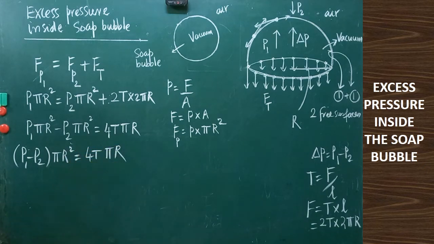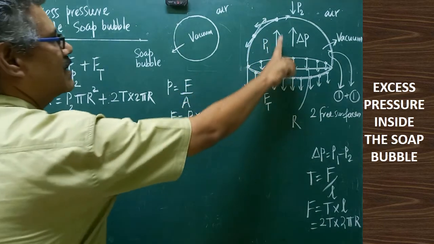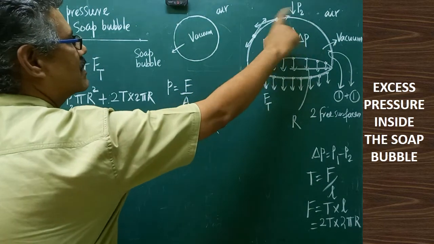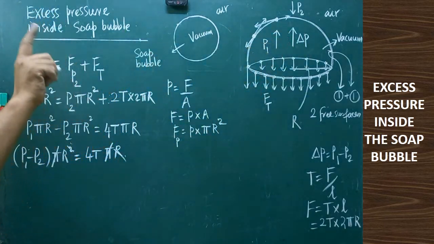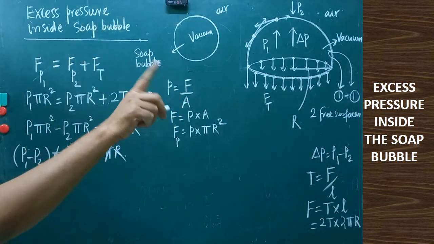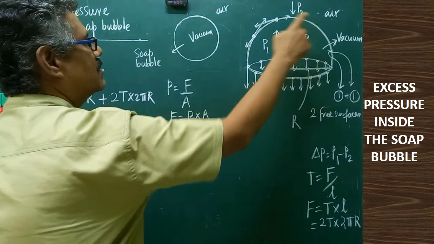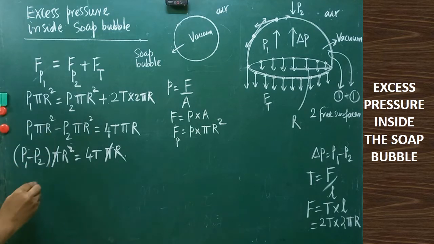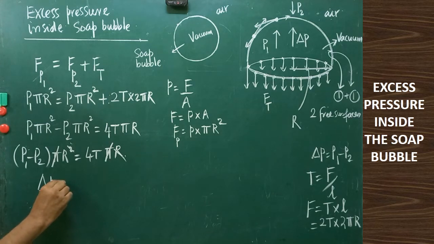That is the expression. Pi can be cancelled, one R can be cancelled. P1 minus P2 is nothing but the excess pressure that is acting from inside, that is on the concave surface. Don't forget, excess pressure delta P will always be acting on the concave side. That concept should not be forgotten. So P1 minus P2 can be written as excess pressure. Are you clear? This R can be taken to the other side.